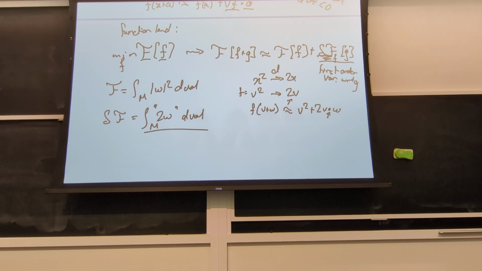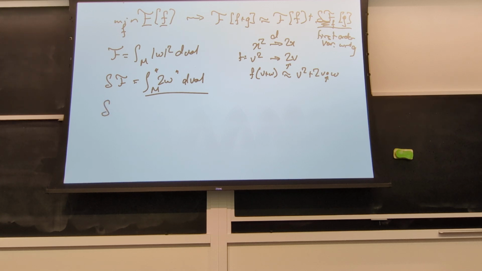And so what we should actually say is that del F of eta is equal to the integral over M of 2 times some sort of inner product of omega dot eta d volume.